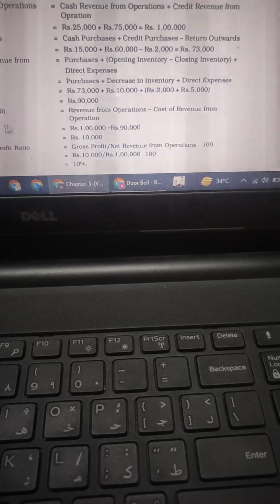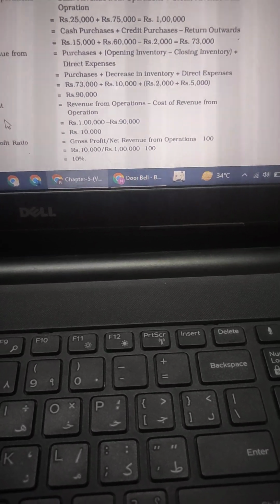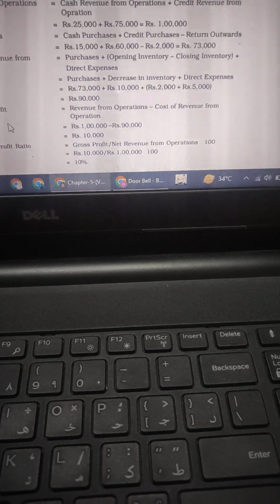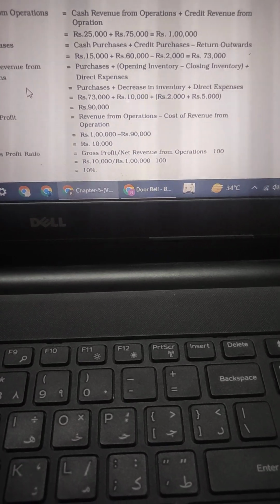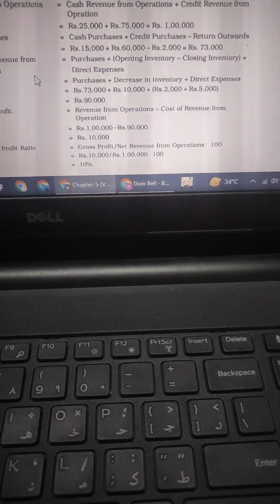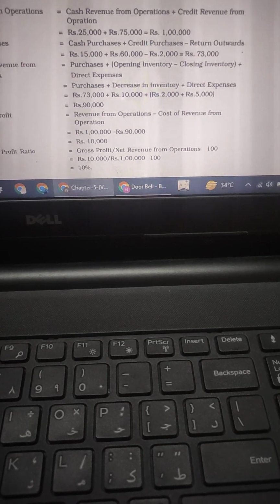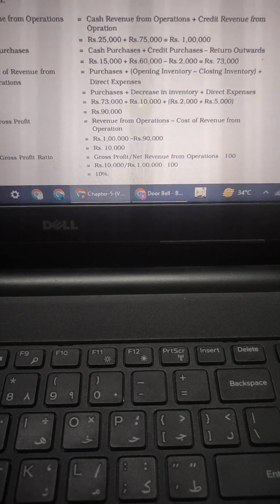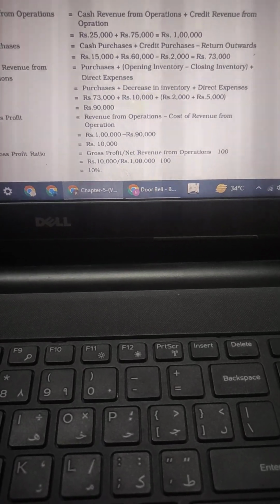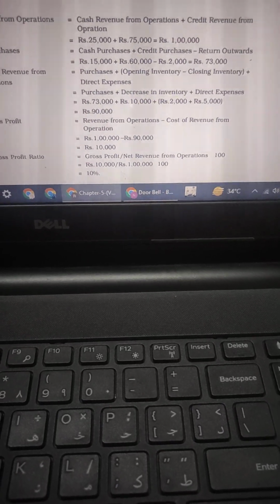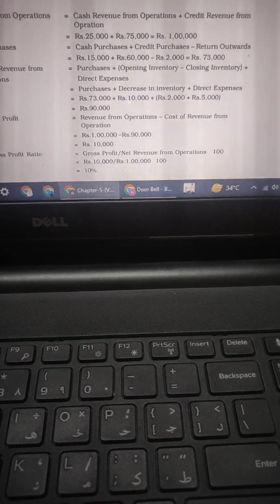Then for finding the gross profit, the formula is income minus expenses, or revenue from operations minus the cost of revenue from operations. So for finding out the cost of revenue from operations, we need all the expenses related to the operations of the business. Then purchases, it is an expense.